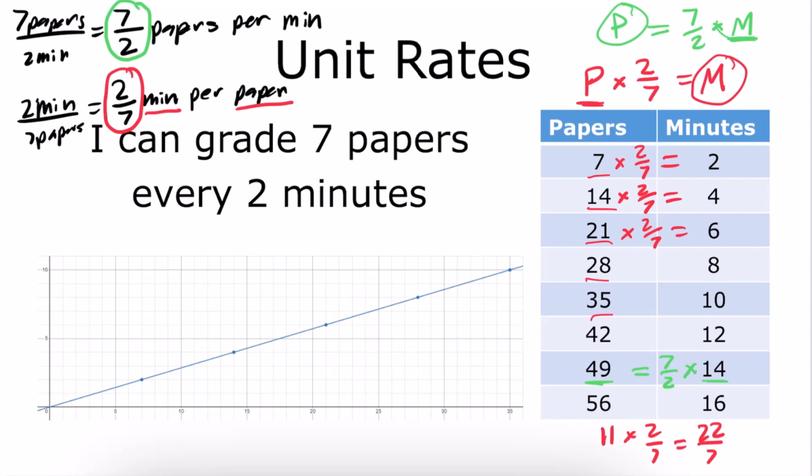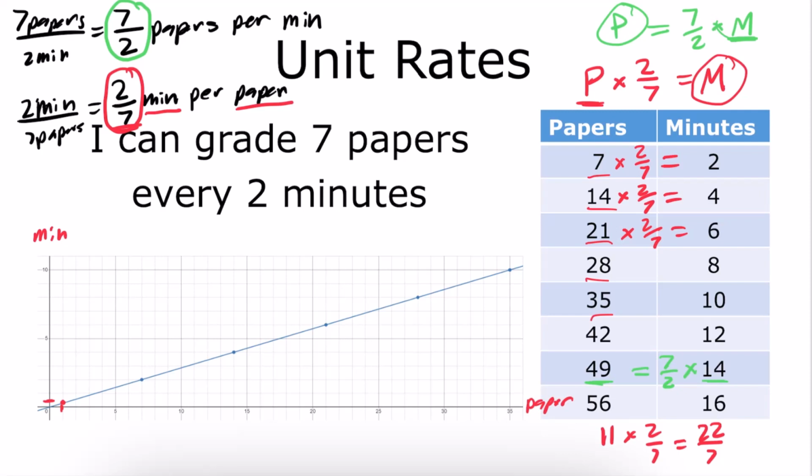It's also kind of interesting to note that the unit rate shows up in the graph as well. Because if I look at this unit rate 2/7, basically what that's communicating is this point right here, because that's telling me that it takes 2/7 of a minute to grade 1 paper, because this is my minute number line and this one is my paper number line.